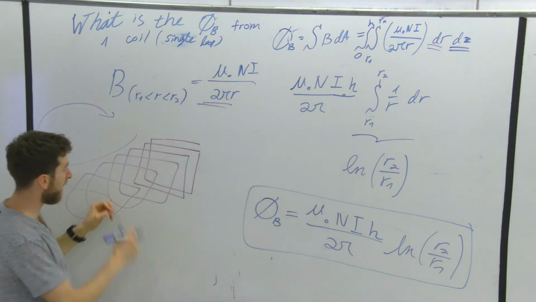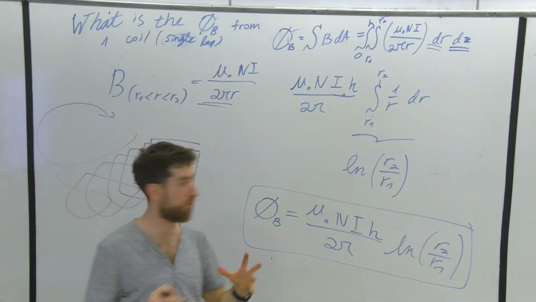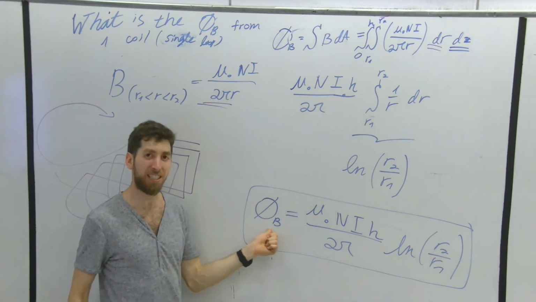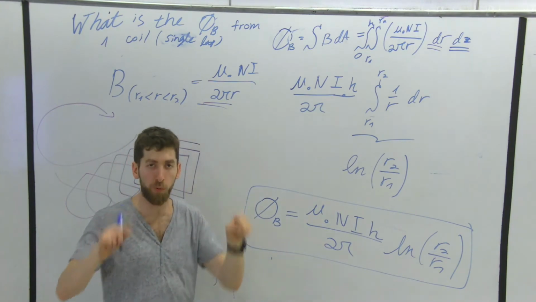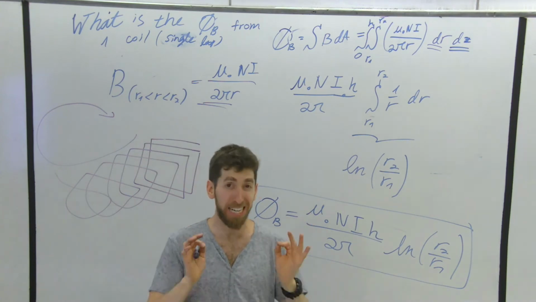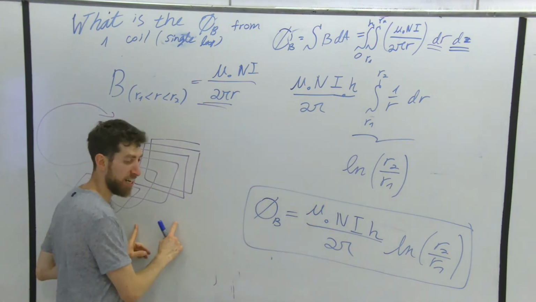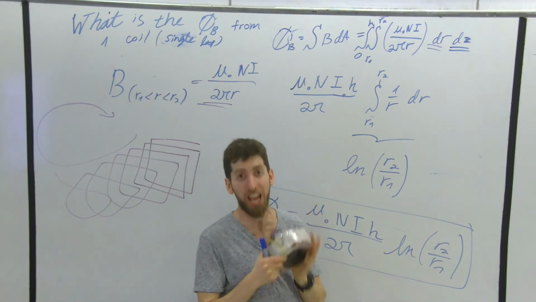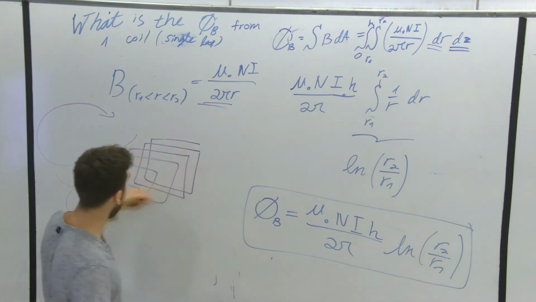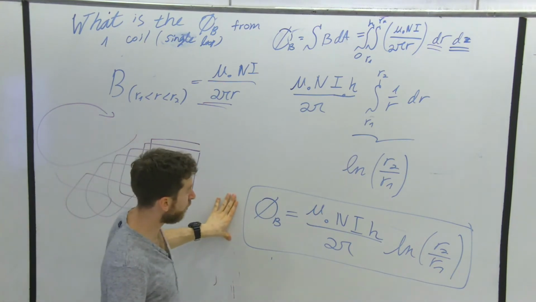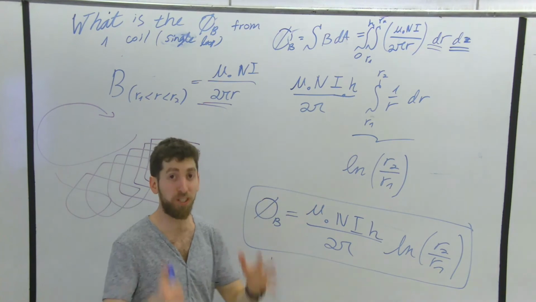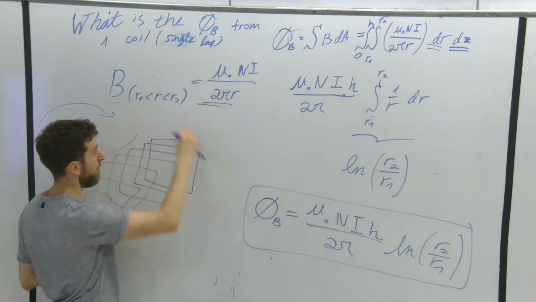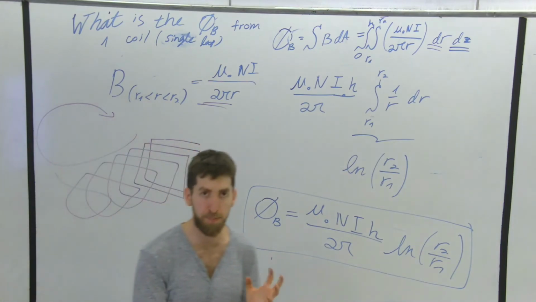This wire is making a really weird shape of an area. So this flux is right, but it's the flux of only one window. The magnetic flux of a solenoid, of this kind of toroid, is a huge area. This is the idea of these loops. So if I want to know the total flux of the toroid, not only a single square coil but all of them, this is the power of the solenoid.